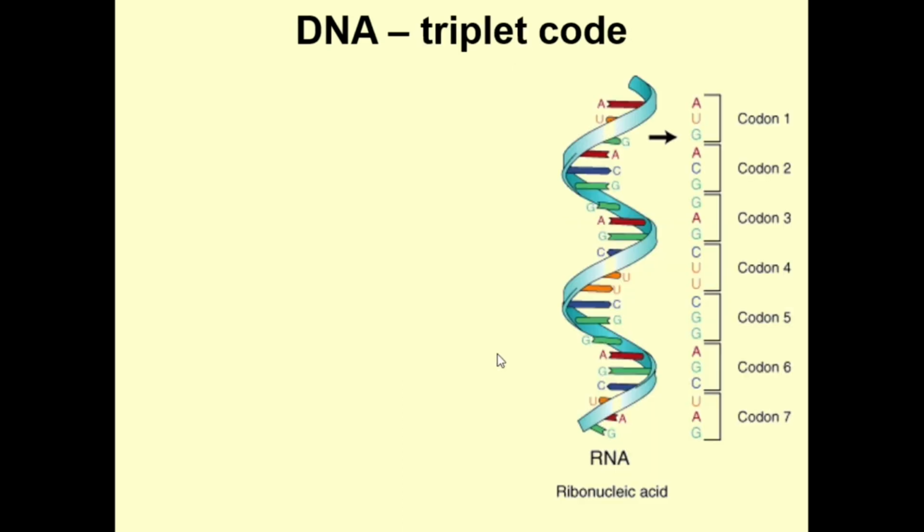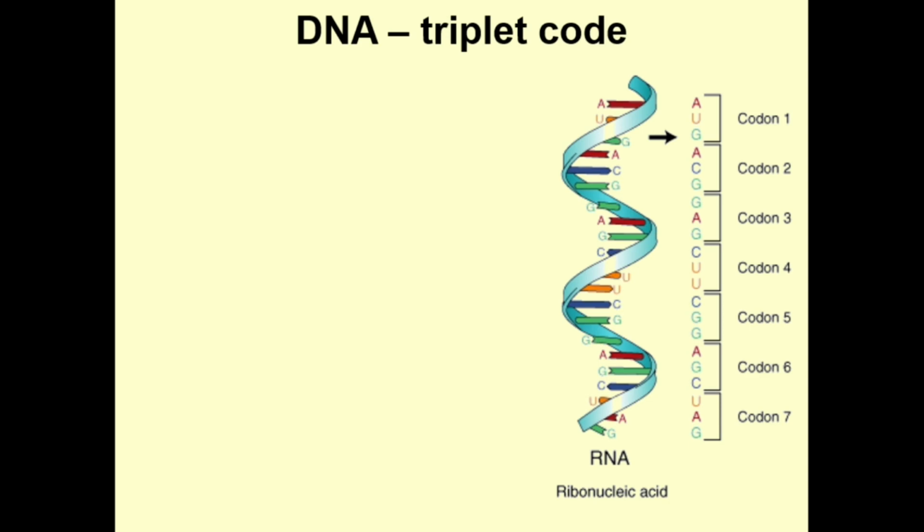How does DNA code for the production of proteins then? So we've just talked about the fact that DNA is made up of these two strands of polynucleotides. So these two long strands of nucleotides all joined together. It's the sequence of those nucleotides that will actually carry the instructions for the building of proteins.